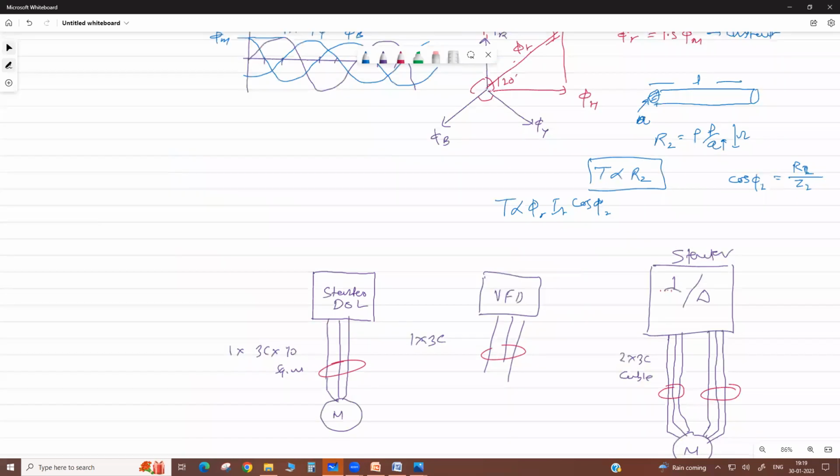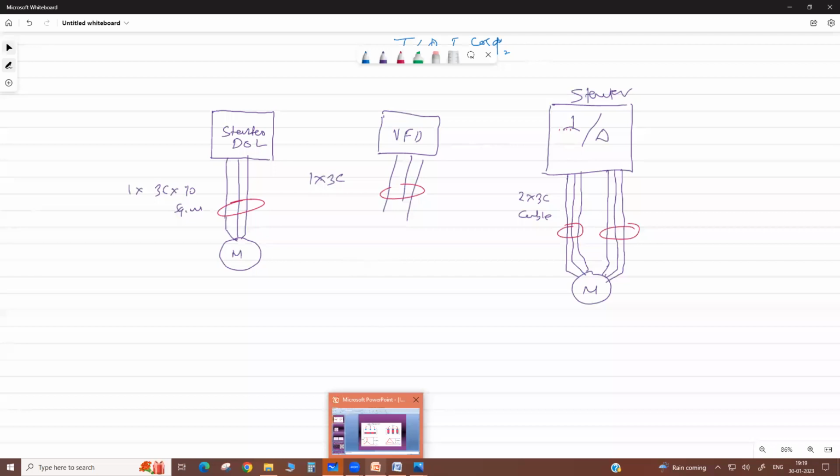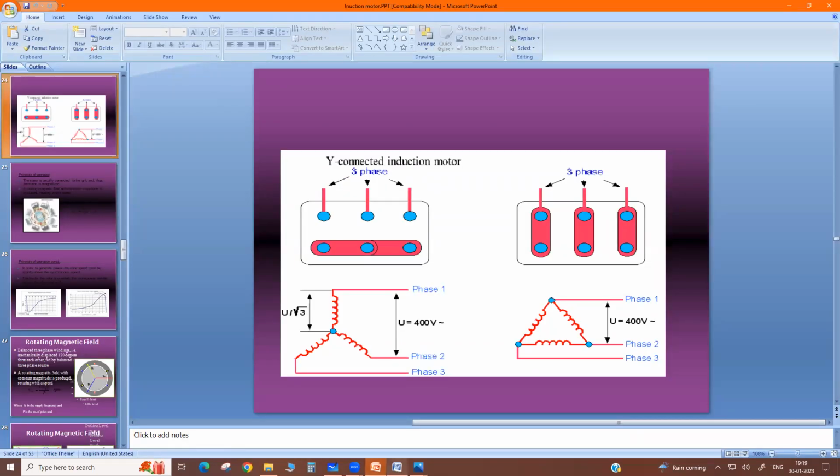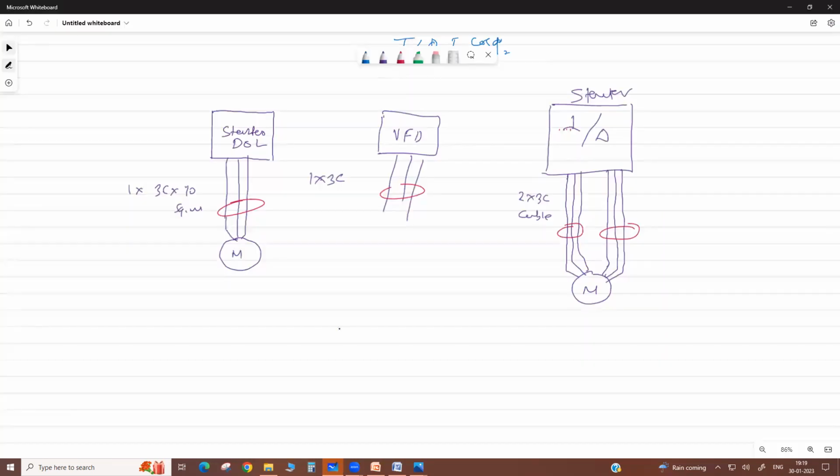Now these windings are inside your motor. These 6 terminals come into your terminal box. By using these 6 terminals, we make a star or delta connection.